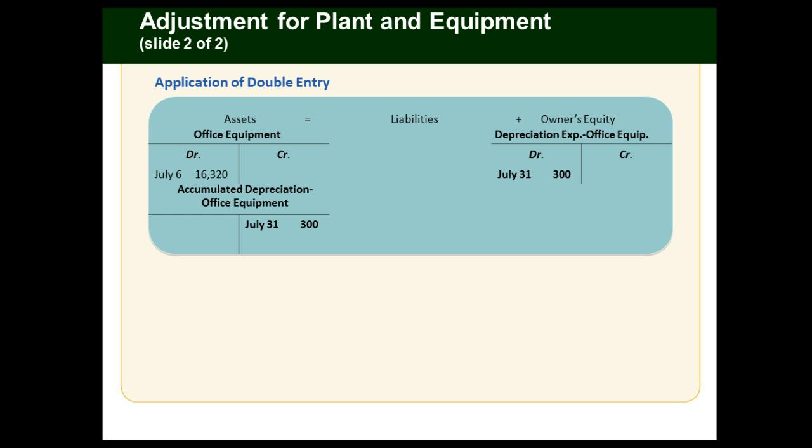So even though we initially show our asset when we buy it of $16,320, when we show that we're using up a piece of it, instead of going against our office equipment as a credit and reducing it that way, we create a separate account called accumulated depreciation on each item, and we credit it, and our offsetting debit is called depreciation expense, which is a current expenditure in the current operating cycle.